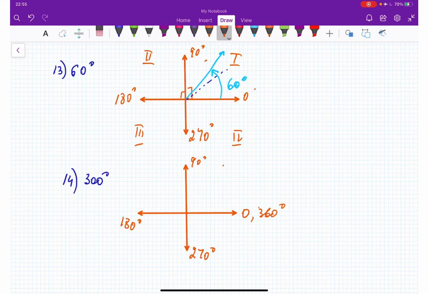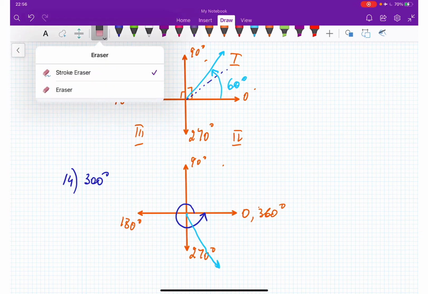So if I do one full circle, this is going to be 360 degrees, but I need 300. So what do I do? I need to go 60 degrees back, right? I need to go 60 degrees short, or 270 plus 30 degrees, which is about like this.